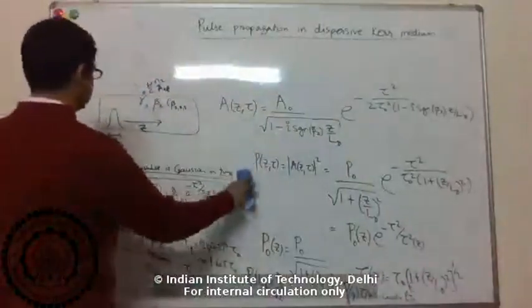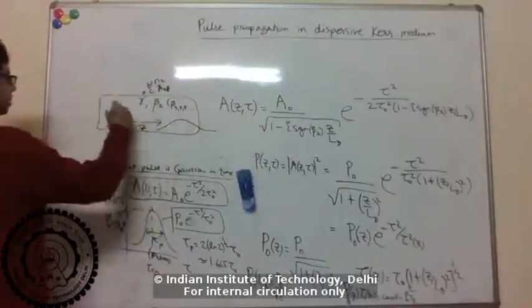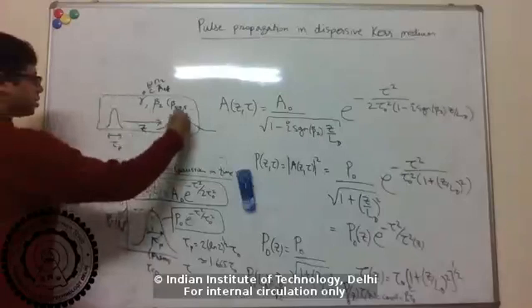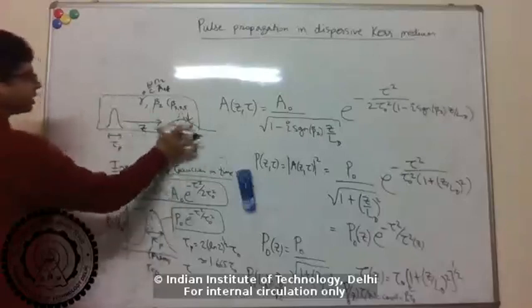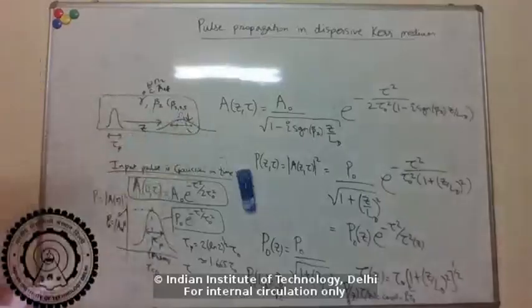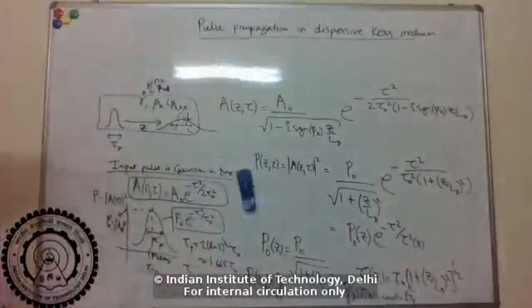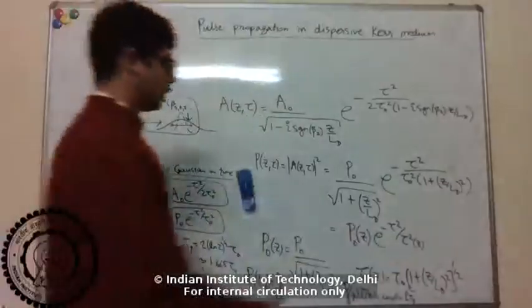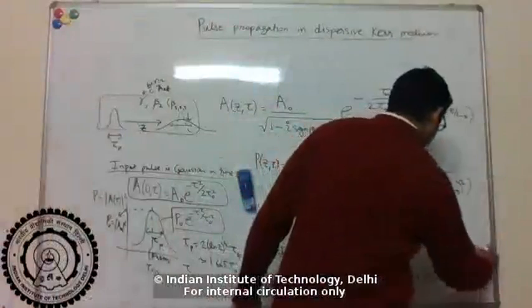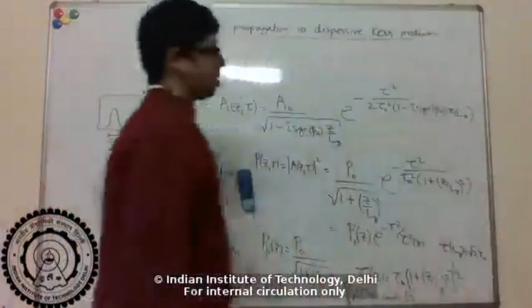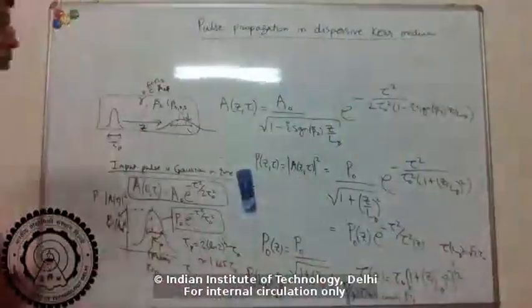As it propagates, it's spreading in time, the peak power is going down, and the pulse width is increasing by this factor. So tau at LD is square root of 2 times tau naught. After propagating one dispersion length, the pulse width increases by a factor of square root of 2.